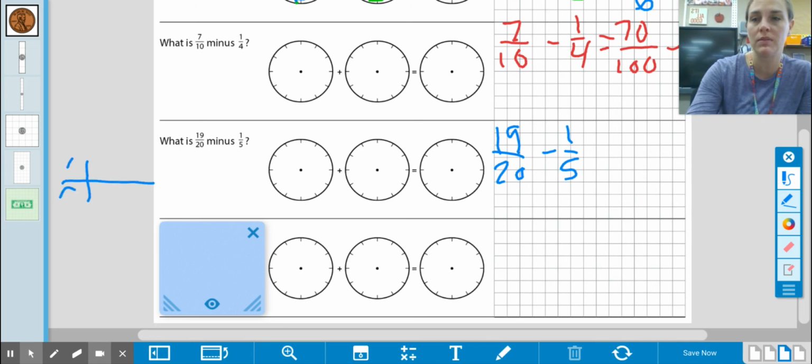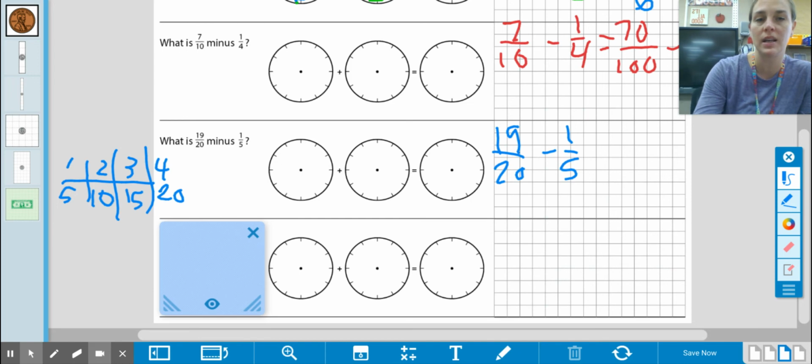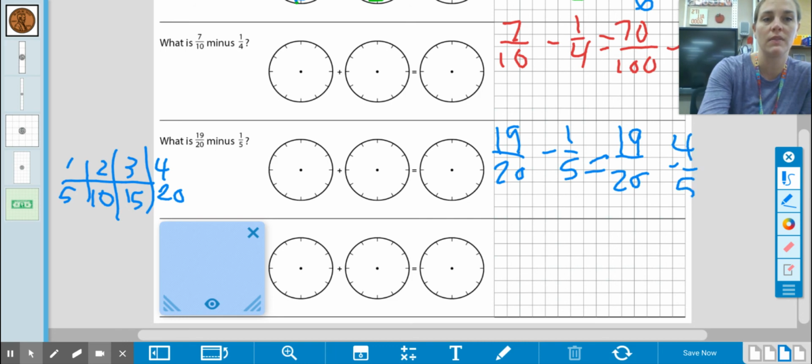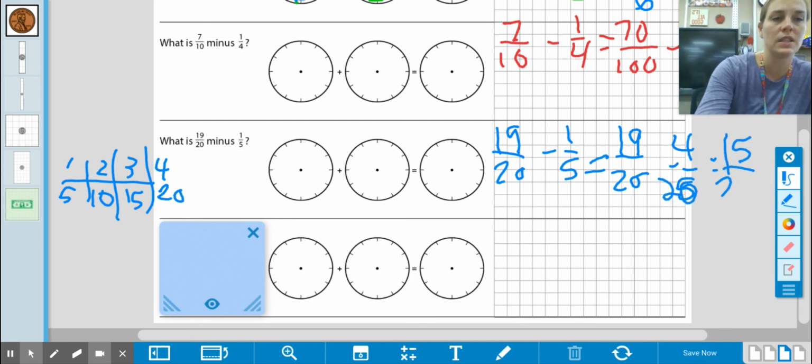Here is my 1/5. I know that's the same as 2/10, 3/15, 4/20. Hey, I have that common denominator. So I'm just going to rewrite this as 19/20 minus 4/20. So 19 minus 4 is 15. So I have 15/20. Okay.